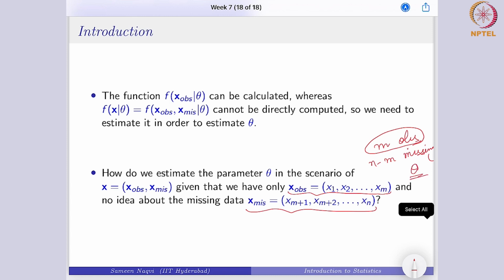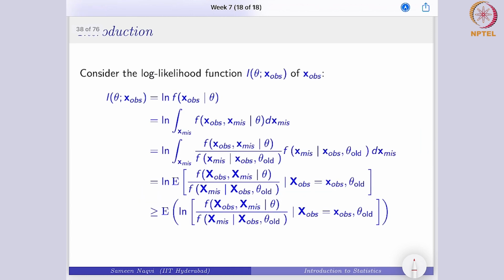This is what we do in maximum likelihood estimation also: we find the likelihood and then try to maximize it. But here the situation is different because the likelihood function has certain missing observations also. So let us see how we deal with that.